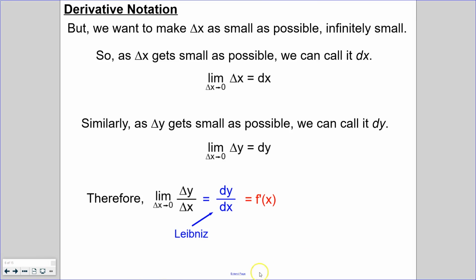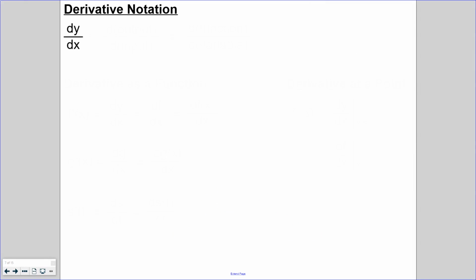Whereas f prime of x is a Lagrange notation developed by the mathematician Lagrange. Now, these two names are not important. You do not need to know any of these things. But what you do need to know is that dy over dx and f prime of x both represent the derivative. So with that being said, let's dive into some more derivative notation.